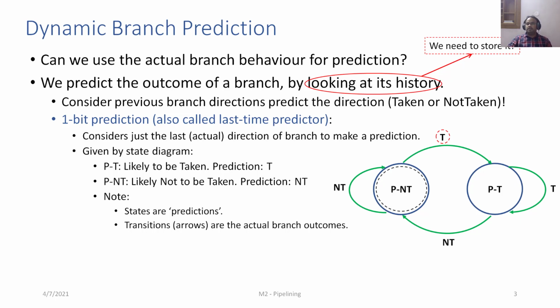When we were in predict not taken and the actual branch outcome was taken, we will switch to predict taken, and we'll continue to be there as long as the actual branch outcome is taken. But if the actual branch outcome is not taken, again it is treated as a mispredict, and we are going to transition to PNT.